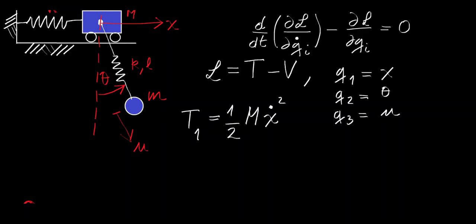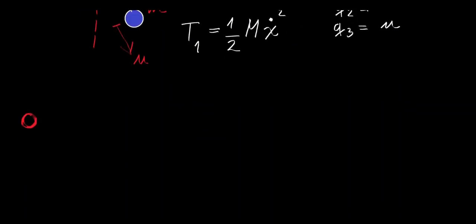Why is that? Because L is the natural length of the spring and u is its extension. So the transversal velocity, I will use blue, will be equal to (L plus u) times theta dot, and the radial velocity will be u dot.